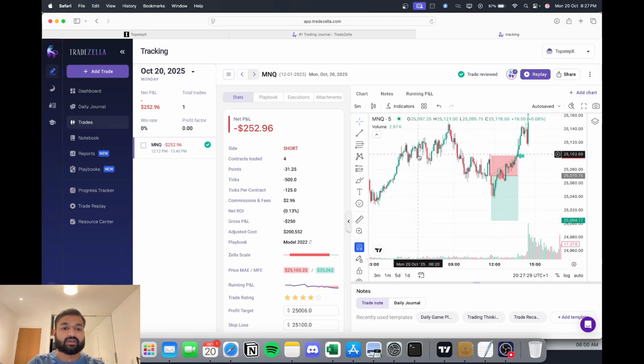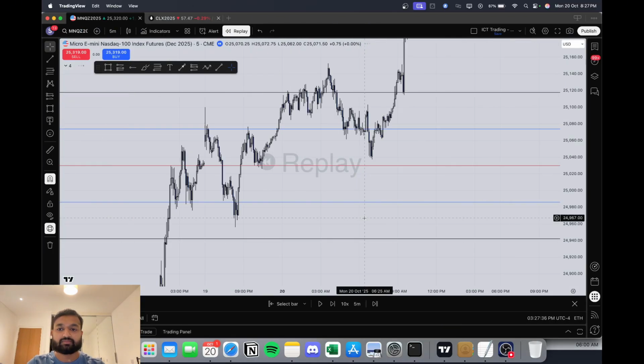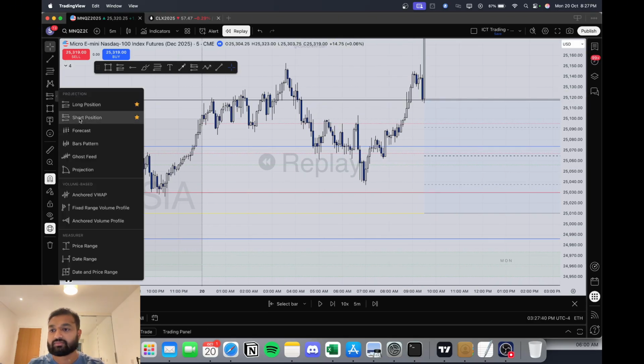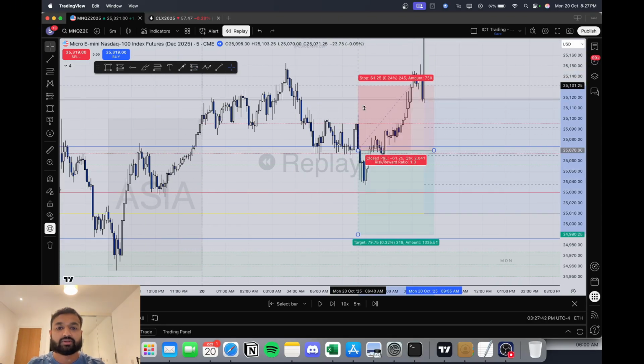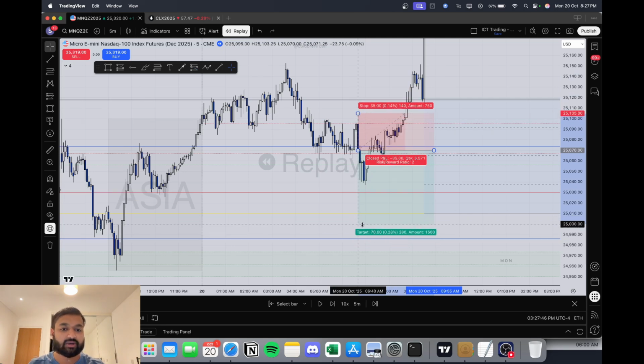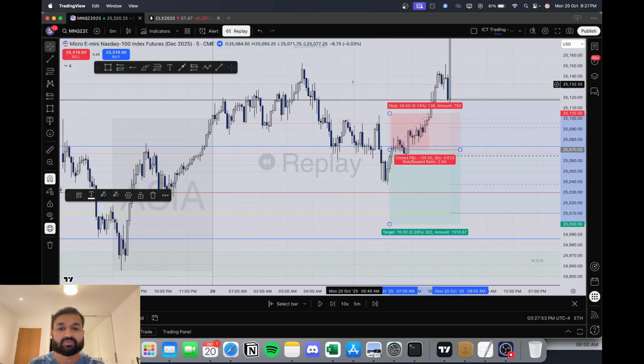You could see that this is around 7 a.m. So I'll just show it here. I took this trade here and then tried to target a fixed 2-hour. I waited for price to come back here for the entry after I saw this displacement.